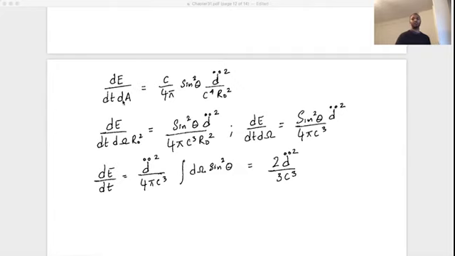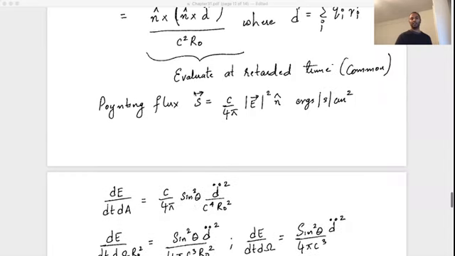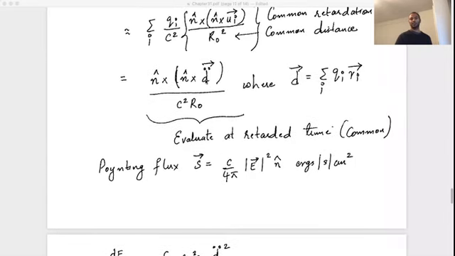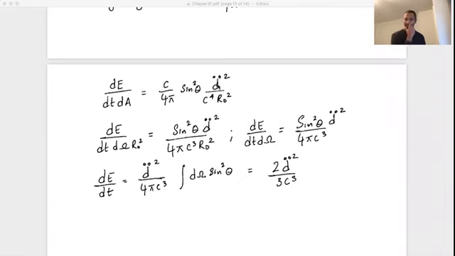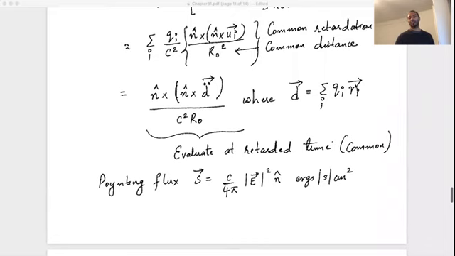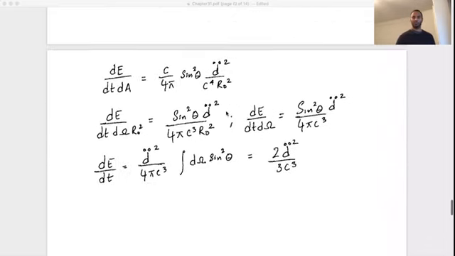So energy per unit time per unit area. That sine square theta factor is just the n cross d double dot, where d double dot, the vector, is pointed in the direction of the acceleration. But in this case, it's the average acceleration, because we are talking about an average quantity, which is the dipole moment.